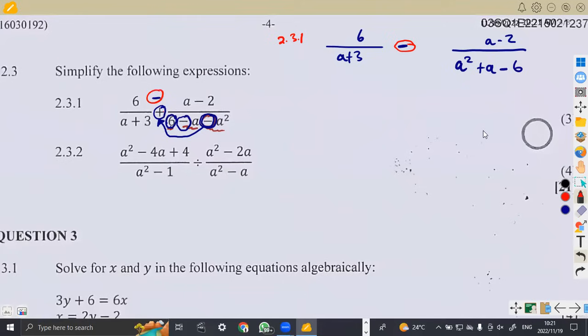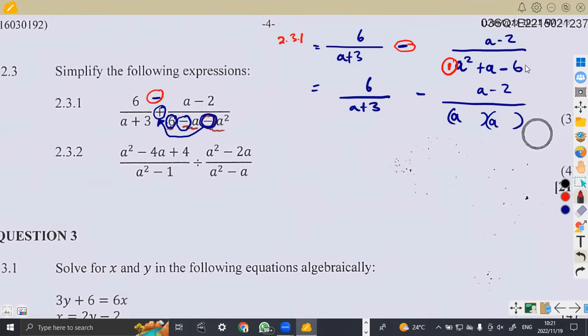Anyways, before we proceed, the other thing now is to factorize. From this part, let us factorize 6 over a plus 3. There's nothing that we can do here. We've got a minus 2 over. Here we've got an advantage. The coefficient of a squared is 1. So remember, I told you guys to just have 2 brackets with a and a.